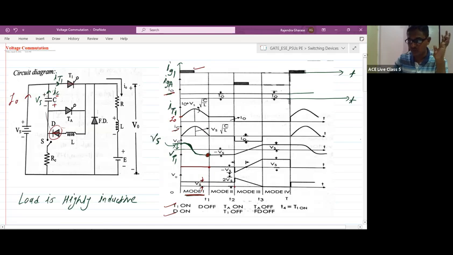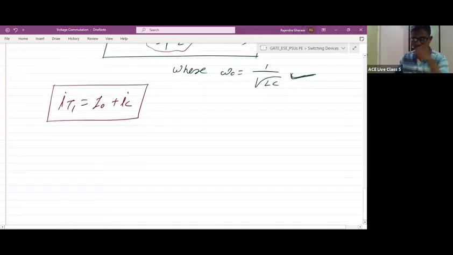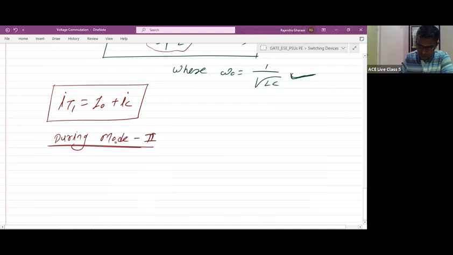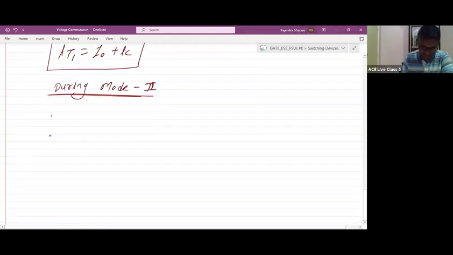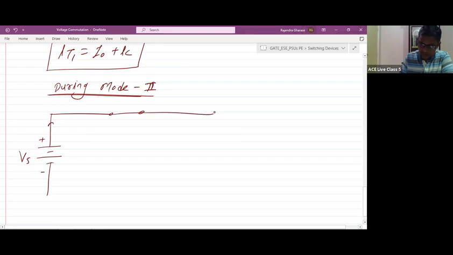So during mode 2, let me draw the equivalent circuit. If you draw the circuit, it will be like this. Here is the supply voltage Vs. Thyristor T1 is still in the on state. The load is RLE.